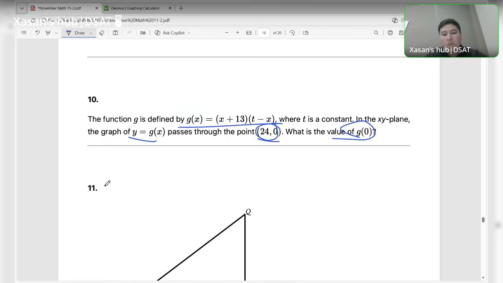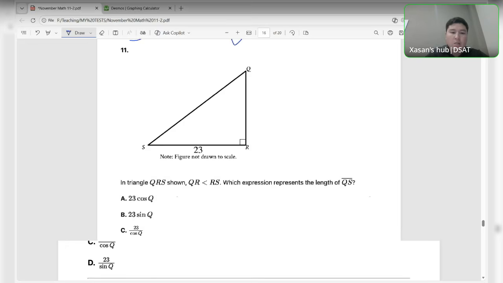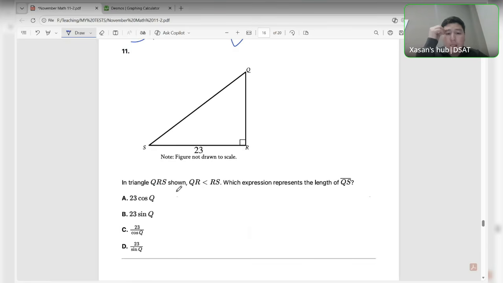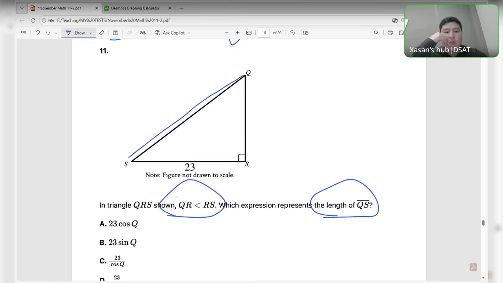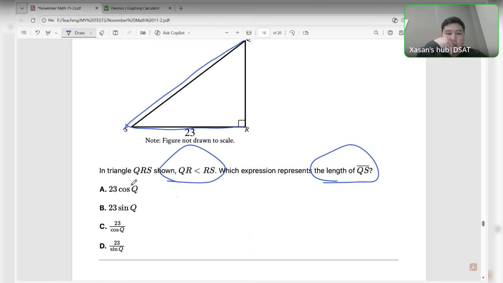312, Desmosable. Question 11. In triangle QRS, shown, QR is less than RS. Which expression represents the length of QS? So QS is the hypotenuse, and SR is given as 23. And which of these are we going to use, guys?